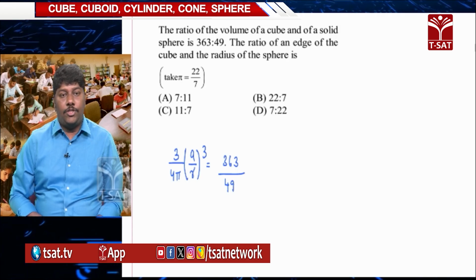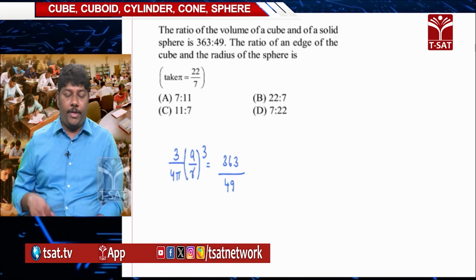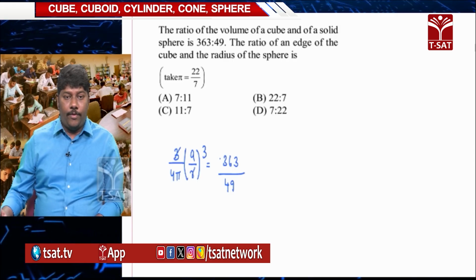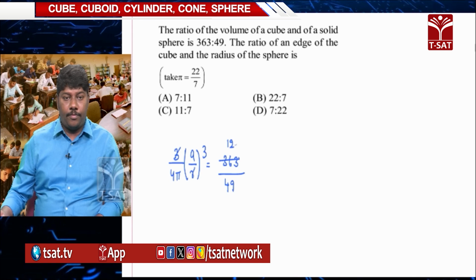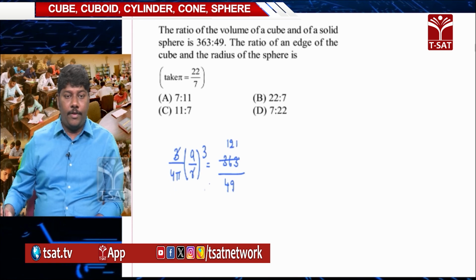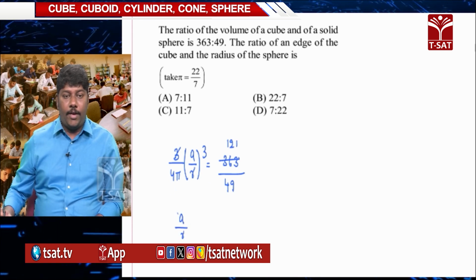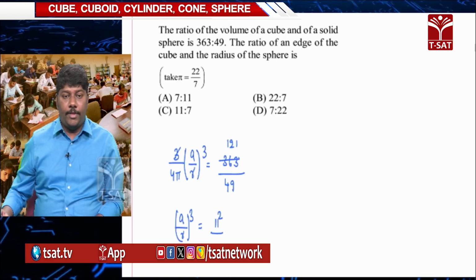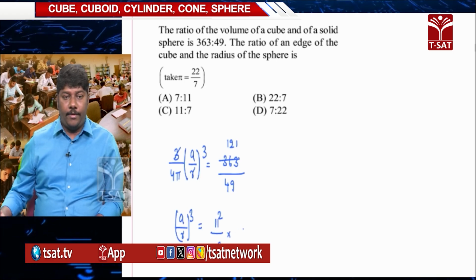The ratio of the edge of the cube to the radius of the sphere. Now see here. 3 ones are, 3 7s are 21. This becomes 22 by 7 if it goes up. A by R whole cube is equal to, this is 11 square, this is 7 square into 4 pi, 4 into 22 by 7.